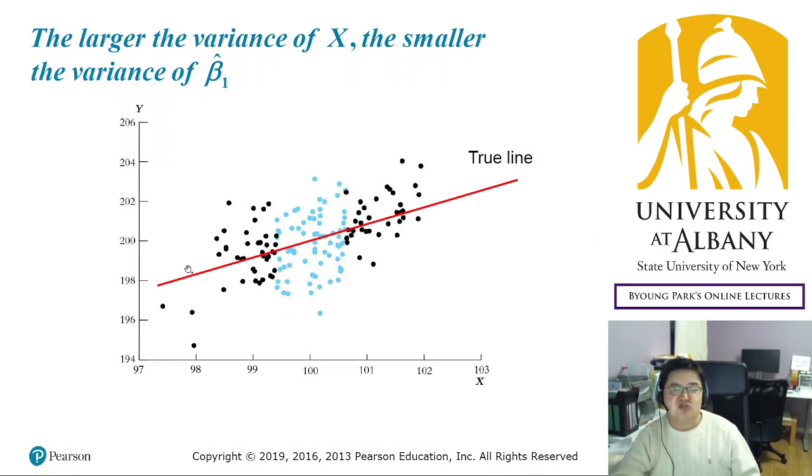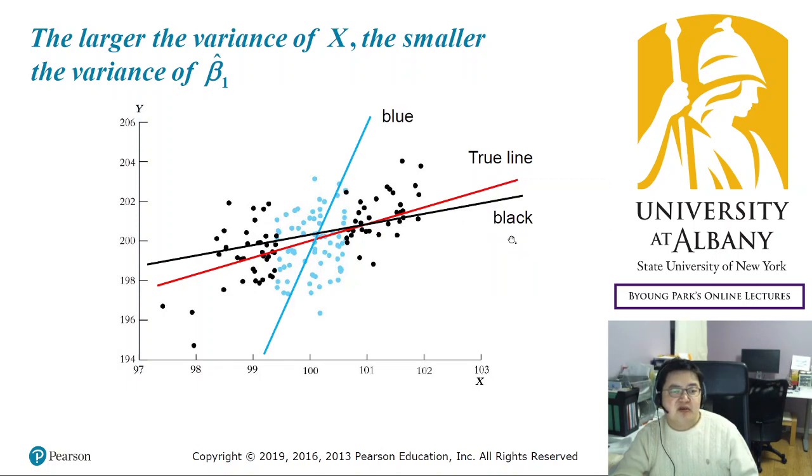Suppose that this is a true line. I drew it just conceptually, suppose that's the true line you are going to get when you have the full data. But imagine how you are going to draw the line when you have blue.